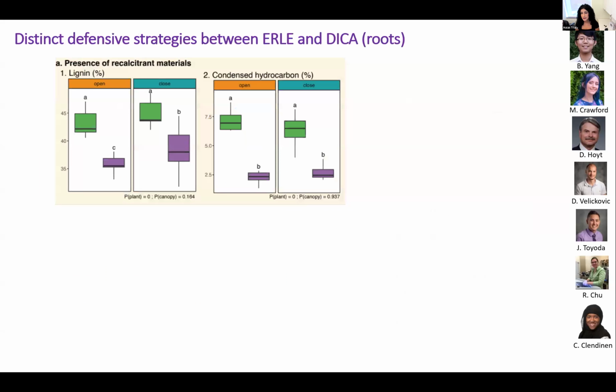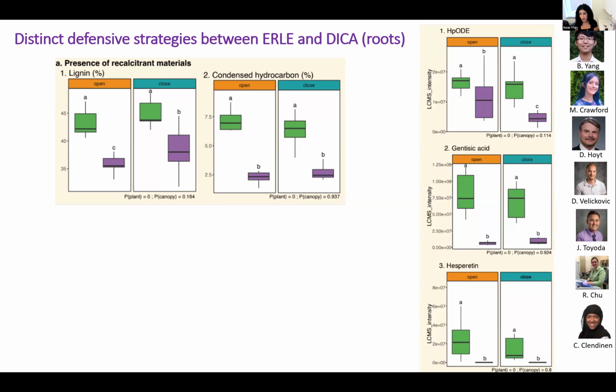And the final mechanism I want to talk about is the defensive strategies. As you've seen earlier, the native species produce a lot of phenolic compounds. We dug into the LCMS and NMR data, and we actually confirmed that most of these phenolic compounds we are seeing are antimicrobial.